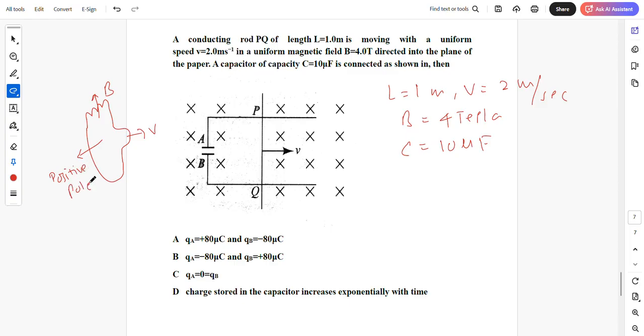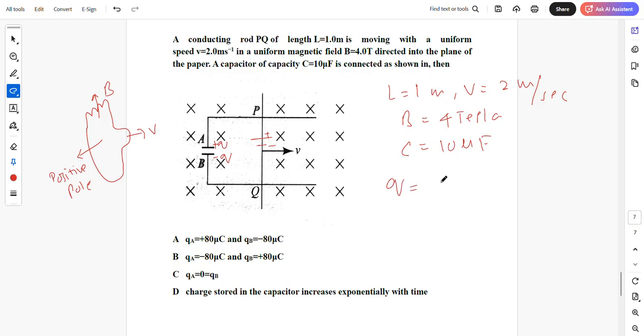Now here fingers inside, thumb right side, palm is upwards. This is plus and this is minus. If this is plus and this is minus, this will be plus Q and this will be minus Q here.